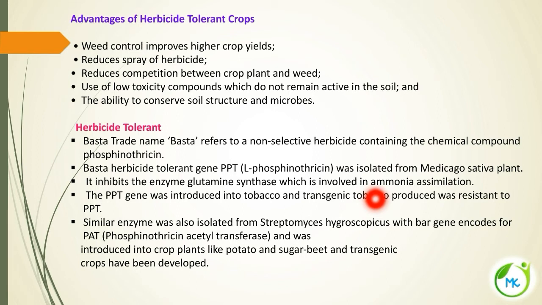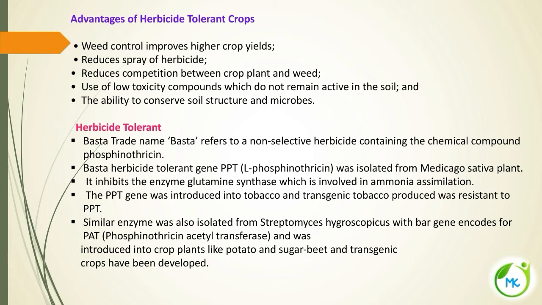When glutamine synthase is inhibited, the ammonia cannot be used up. The PPT gene was introduced into tobacco, and the transgenic tobacco plant produced is resistant to PPT. A similar enzyme was also isolated from Streptomyces hygroscopicus, with a BAR gene which encodes for PAT. This was introduced into crop plants like potato and sugar beet, and transgenic crops have been developed.